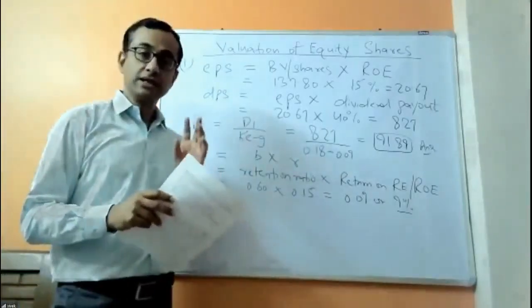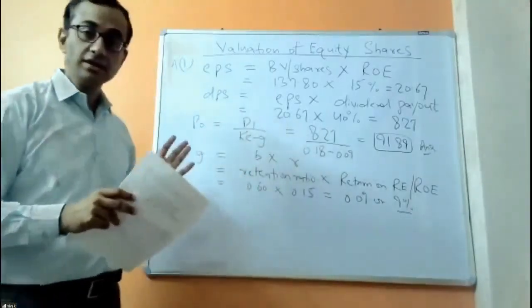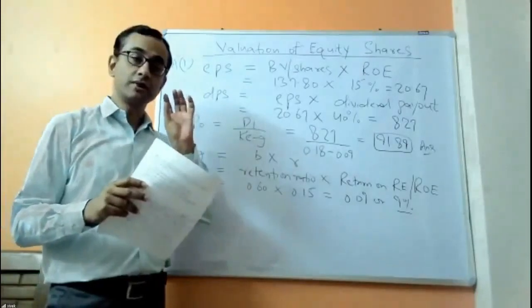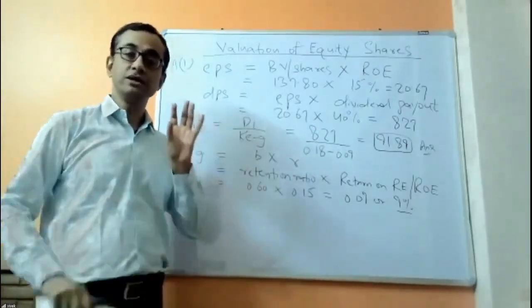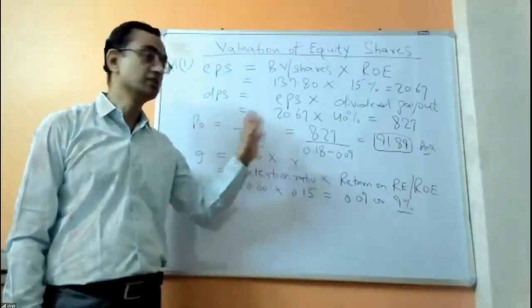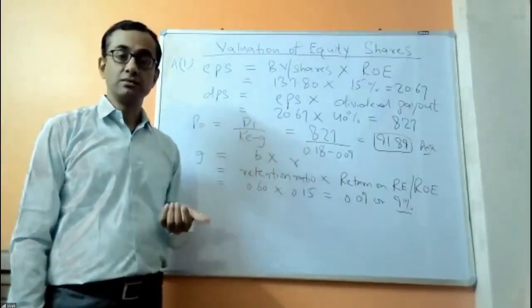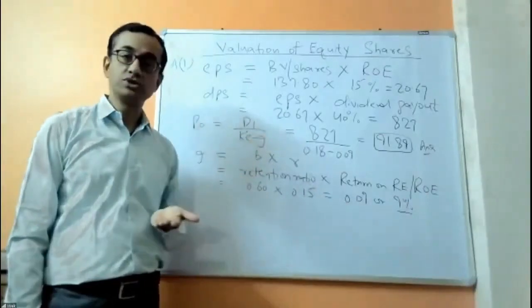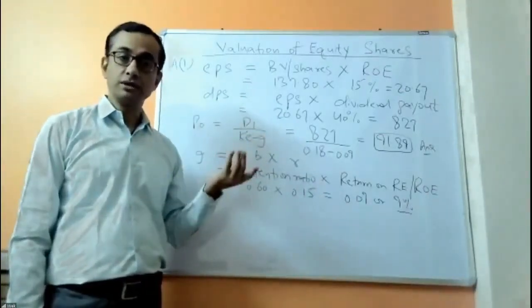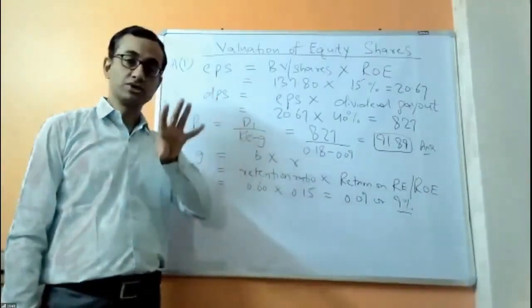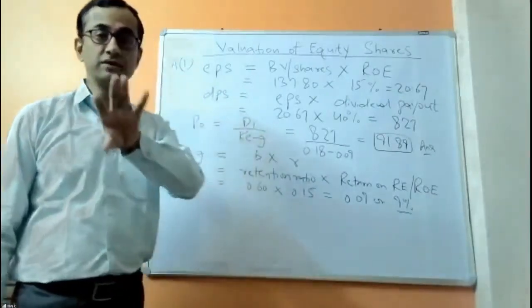Since the company is retaining 60% of its earning, the amount which can be profitably invested is the 60% only, not beyond that. Because whatever the company has declared by way of dividend, that 40% portion, is gone. It cannot come back. So the 60% portion the company is retaining can only be invested.